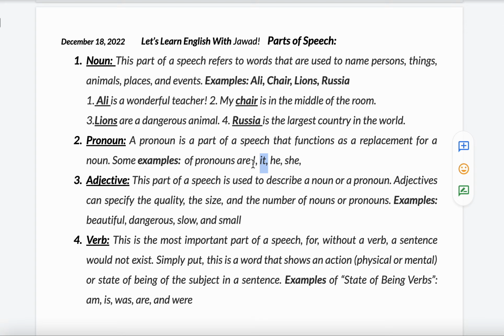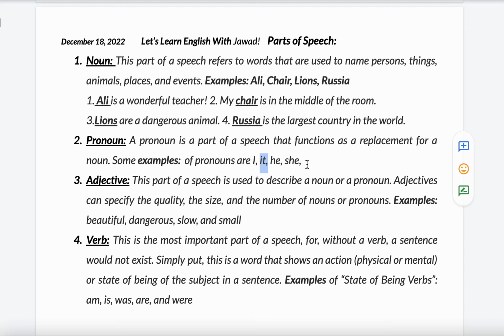He always makes sure his students are happy in the class. So you see, first we used Ali, and then we continued using the pronoun he instead of Ali.